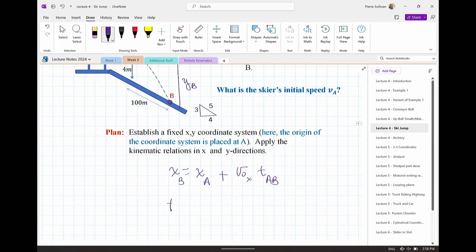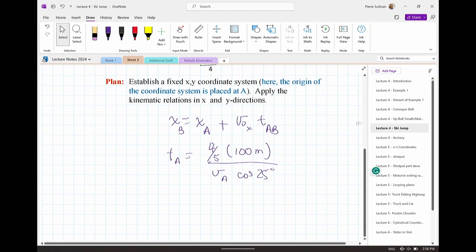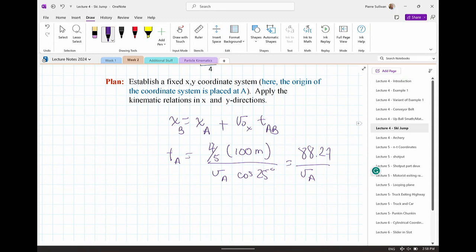Time AB equals 4/5 times 100 meters divided by VA cos of 25 degrees, which equals 88.27 over V sub A.